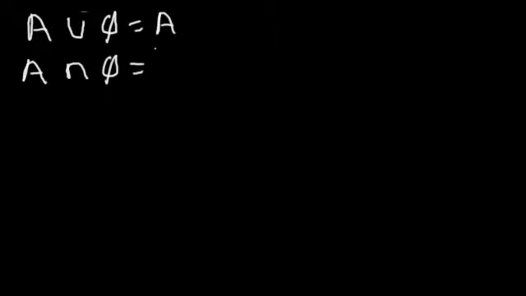So this law says that if A denotes a set and we have an empty set, then A union empty set is simply equal to A, and A intersect empty set is simply equal to empty set.